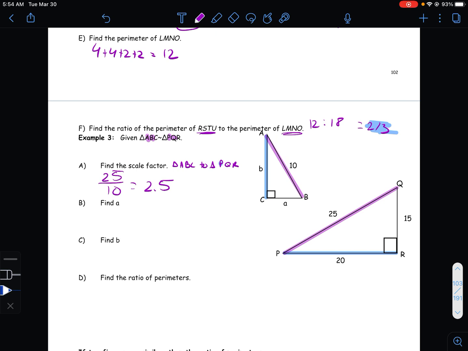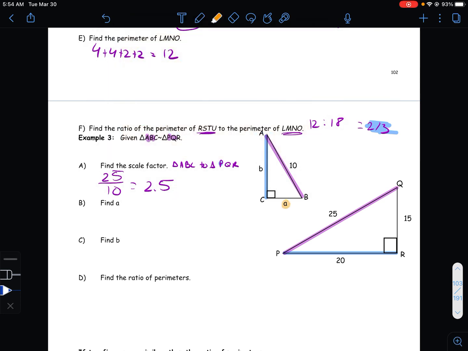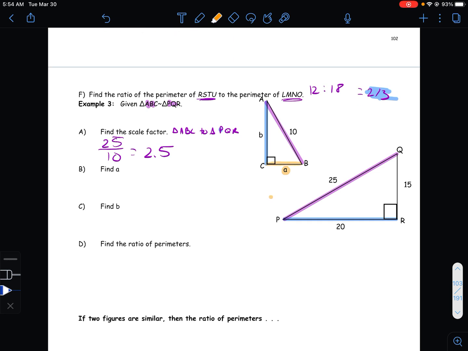So now it asks for us to find A. All right. So we're looking for this side. We've done this before, guys, where we're trying to figure out an unknown. So this is CB, which we know is going to go with QR. All right. So we'll do the big triangle. We'll just put this one on top. We'll label this guy triangle 1, triangle 2.